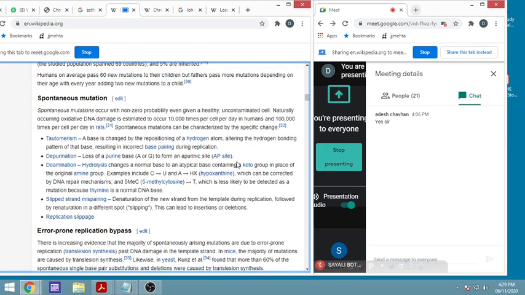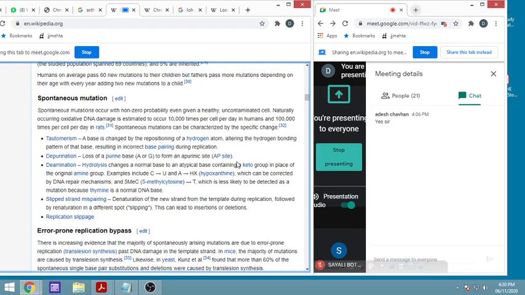So it is an incorrect base pairing that occurs during replication. This is called tautomerism. This hydrogen bonding can change because of the internal environment, what we call homeostasis. So because of any homeostatic changes or the presence of any such chemical near the cell, this can happen.